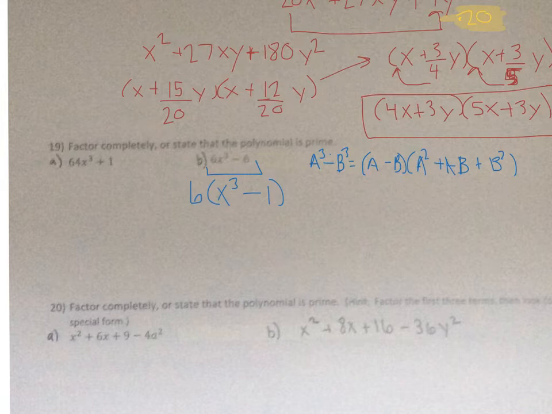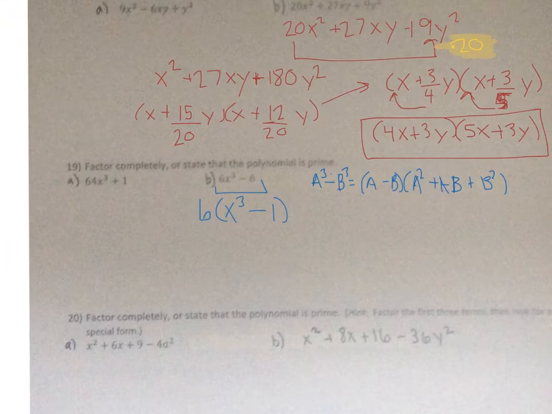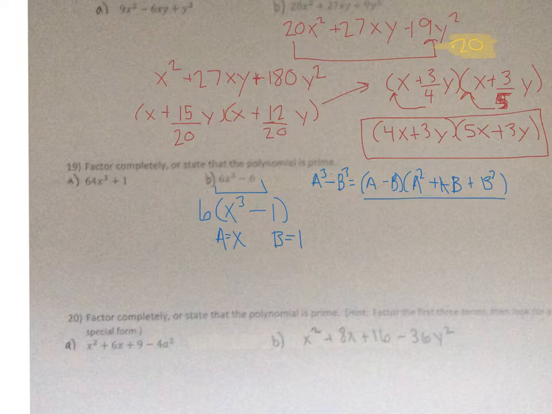So let's go ahead and follow that formula. Our a is going to be what cubed gives us x cubed. So that would be x. And our b will be equal to 1. Do not worry about the negative sign on that. It's just a 1. So then we follow it into the formula.